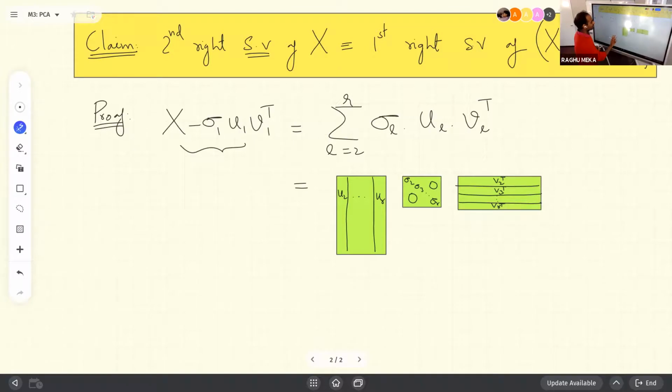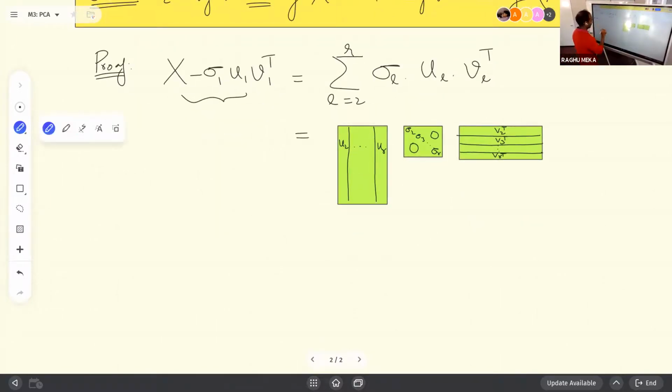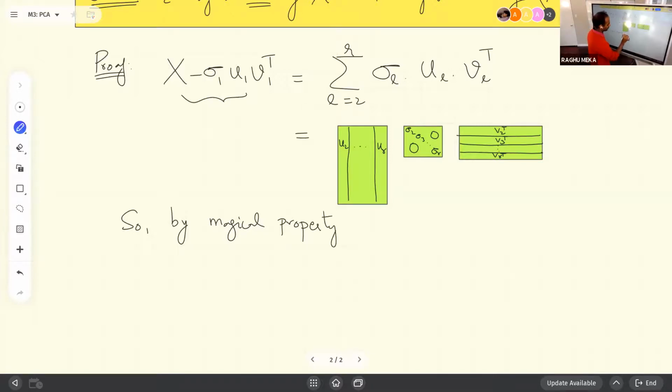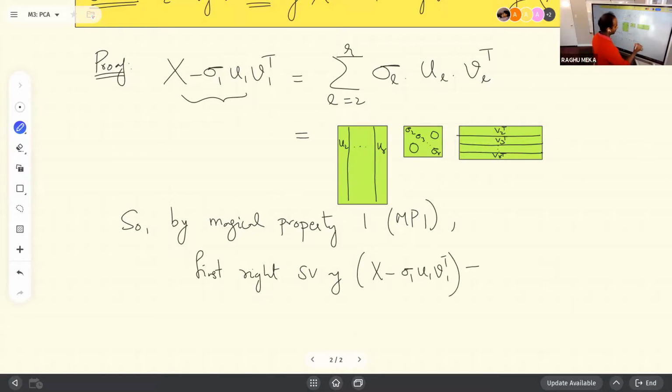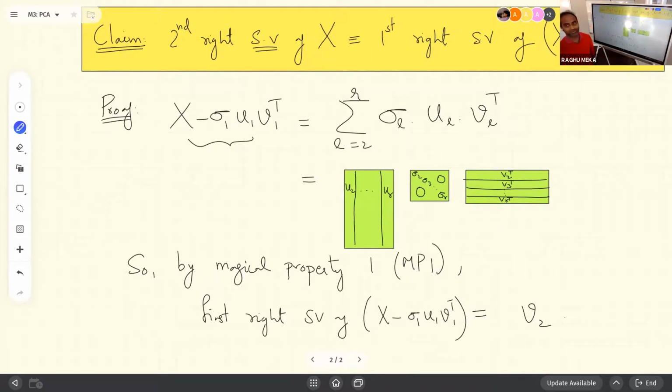Okay? So by magical property 1, or MP1, the first right singular vector of X minus sigma 1 u1 v1 transpose is V2, which is exactly what we wanted to say.